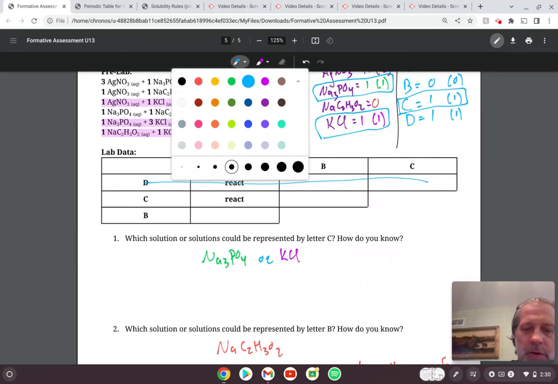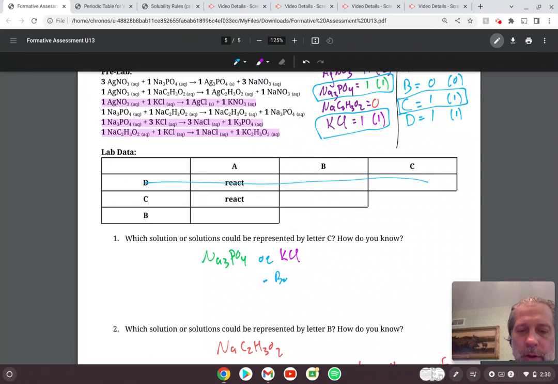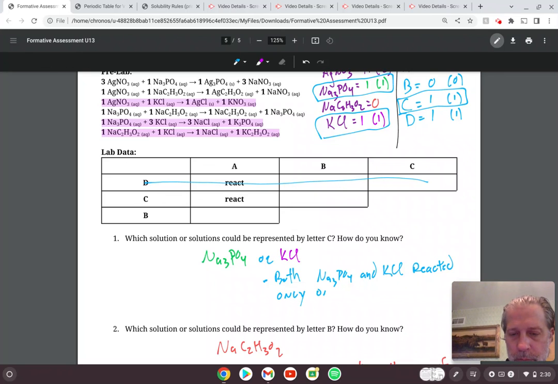What I'm going to be looking for you to tell me is that both Na3PO4 and KCl reacted only one time with the other reactants.